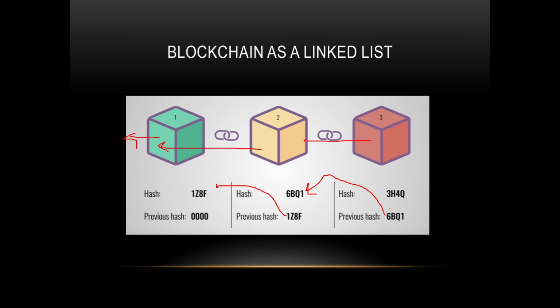If by any chance any of the hashes change, for example, if this hash changes and becomes something else, this no more points to here, it will point to somewhere else, which is again an invalid pointer. And this linked list will be broken. So anywhere, if the hashes change, all the trailing blocks after that will no more be effective. So this blockchain will end right here.